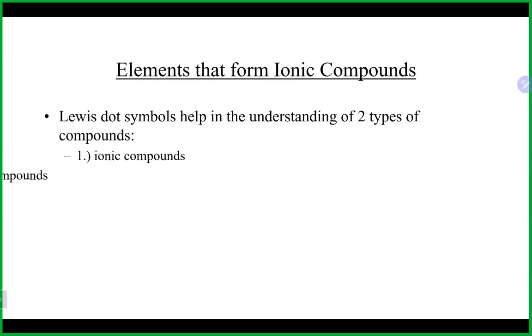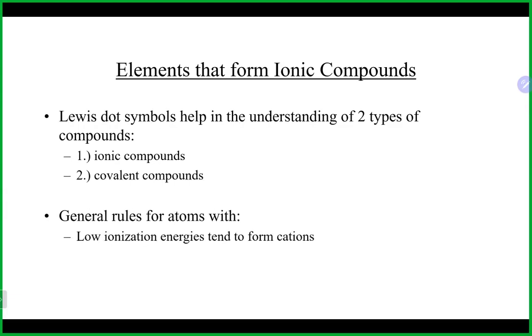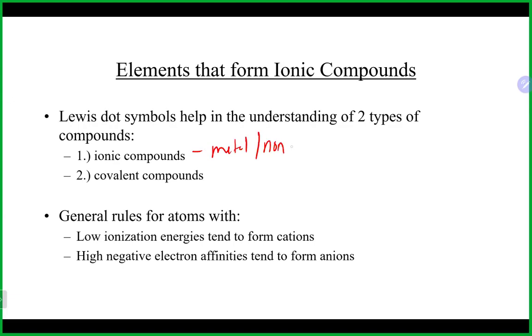So as I mentioned before, we can use these to really talk about the 2 types of bonding. And again, ionic bonding is a metal and a nonmetal together. And that should be almost automatic for you. If you see a metal and a nonmetal coming together, that is definitely the type of bond it's making. It's going to make an ionic bond.